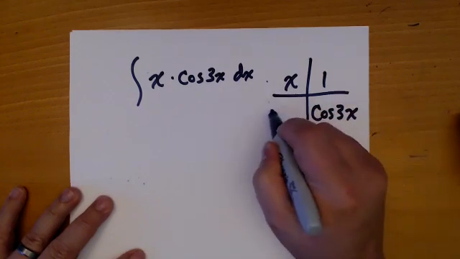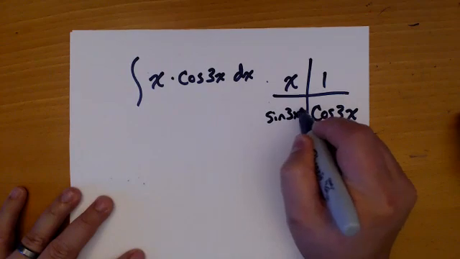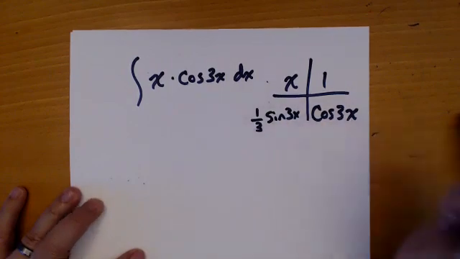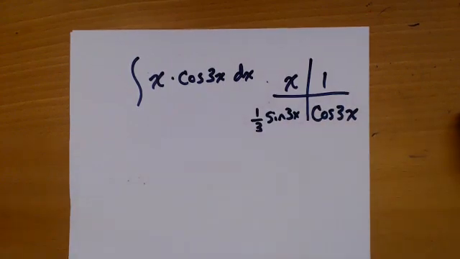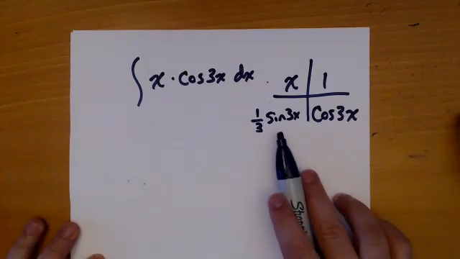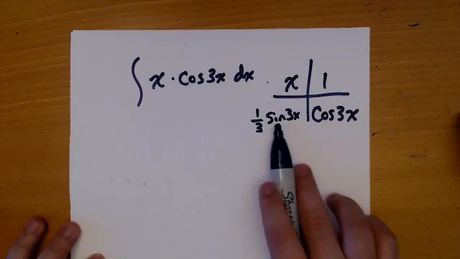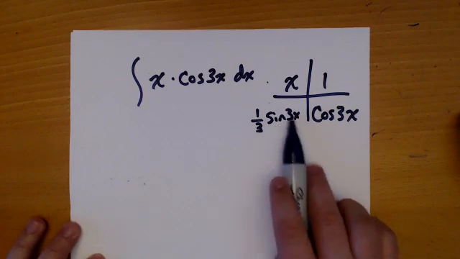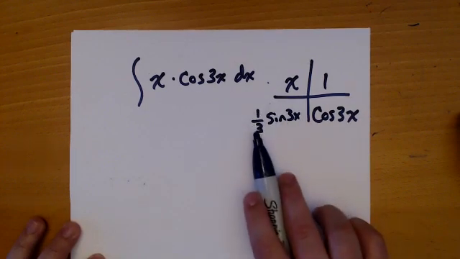And this would be the sine of 3x and a 1/3. Please convince yourself that that's what the integral of cosine of 3x is, because you're going to have the product rule in there. The derivative of sine is cosine, and then the derivative of the stuff inside is a 3, so I need a 1/3.